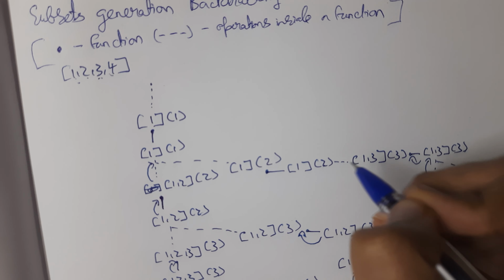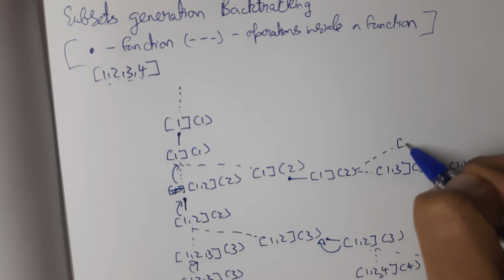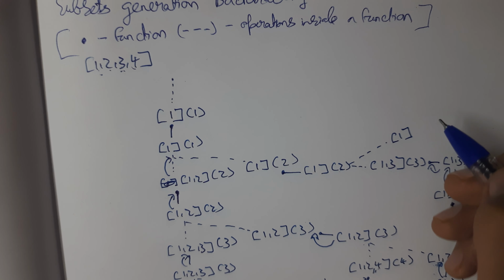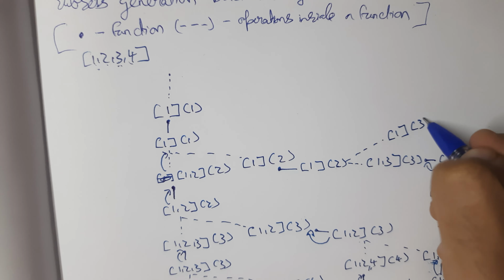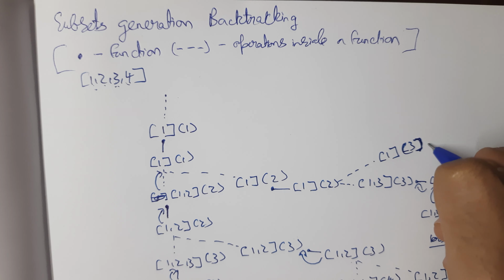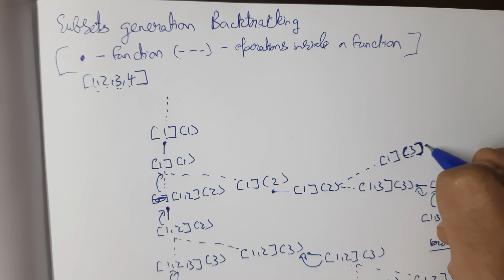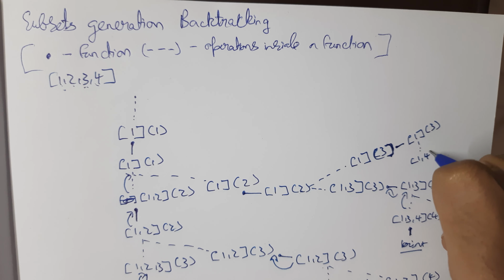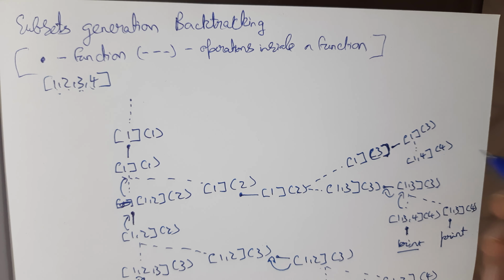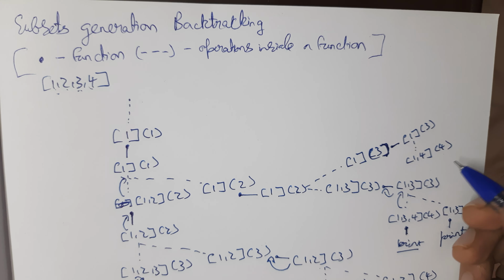And after popping this 1 off, what's going to happen is this will be passed as 1, 3, and after passing 1, 3, this 3 is the input parameter. After passing 1, 3 as the input parameter, we'll be going to the next function, and we'll be adding 1, 4 followed by 4, and since this input parameter is 4, we'll be printing 1, 4 in the output.